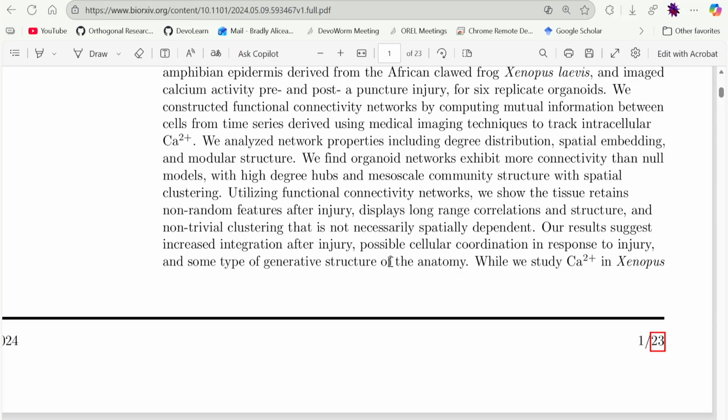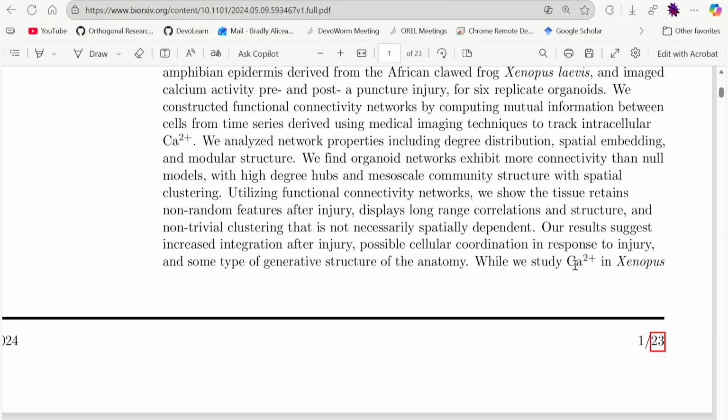So again, if you're in a culture and you put a hole in the structure, an organoid, it'll fill in that gap. It won't just migrate outward and forget about the hole. It'll fill in that hole. And so that's what they mean by generative structure.